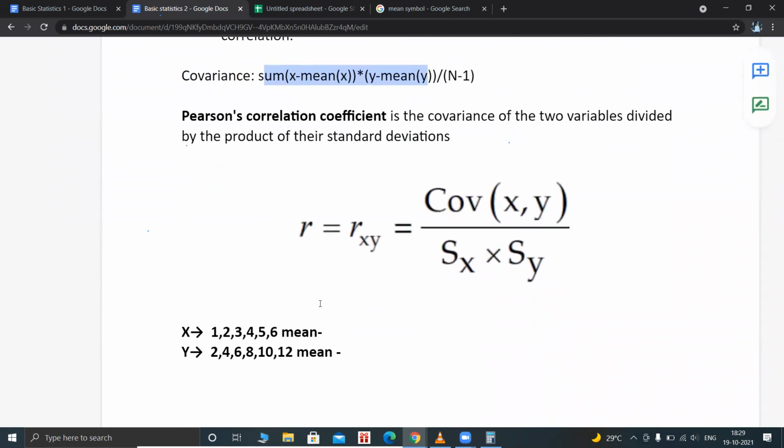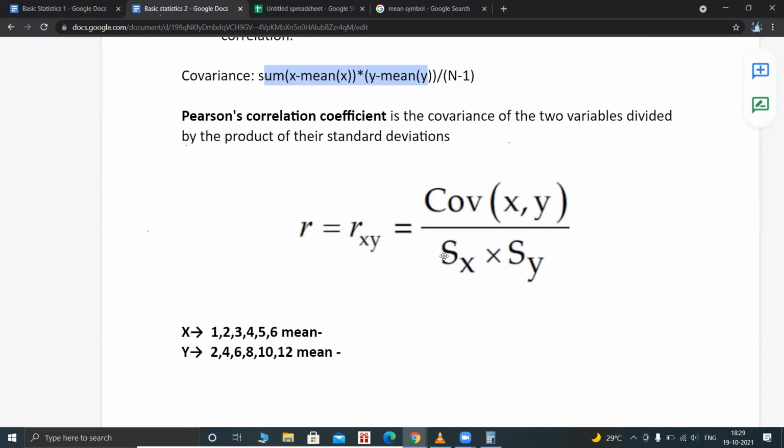And this is how you can calculate the correlation coefficient, where covariance of x comma y is divided by standard deviation of x into standard deviation of y, right? So you know how to calculate standard deviation, guys?